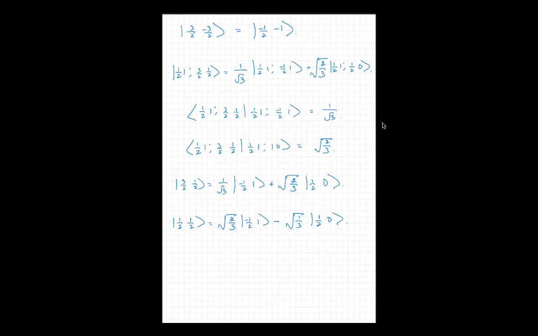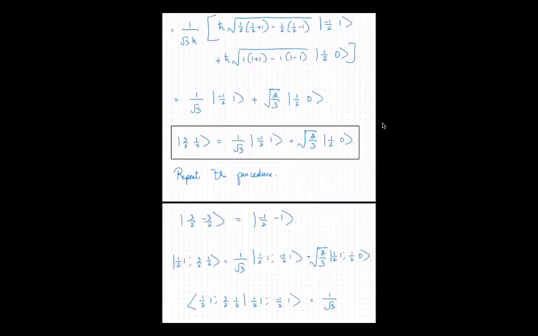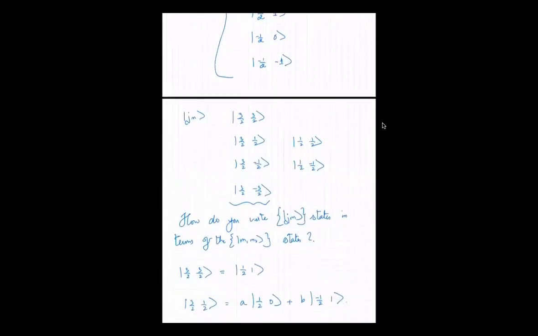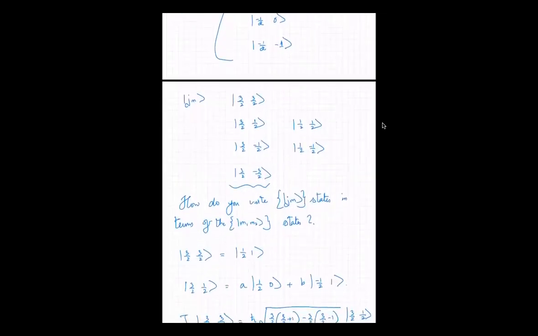So this is a convention that is chosen, and we will stick to this convention because it makes our life easy. Now we'll have to figure out what the next state is in the second column, which is 1/2, minus 1/2. You can figure it out in two different ways. Once you have already figured out the 3/2, minus 1/2 state, you simply choose the orthogonal combination to 3/2, minus 1/2 and you're done.